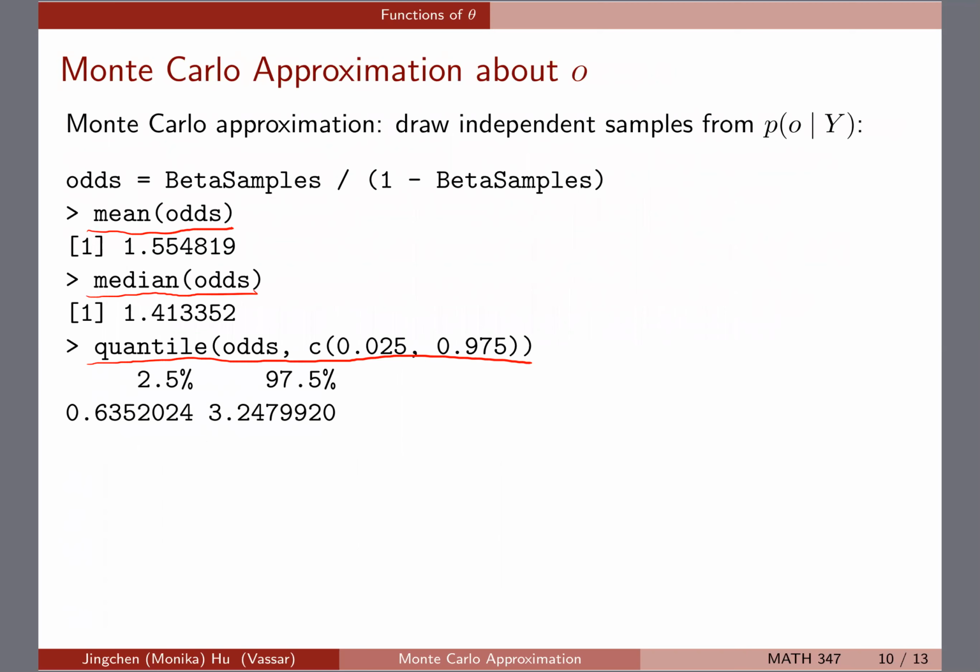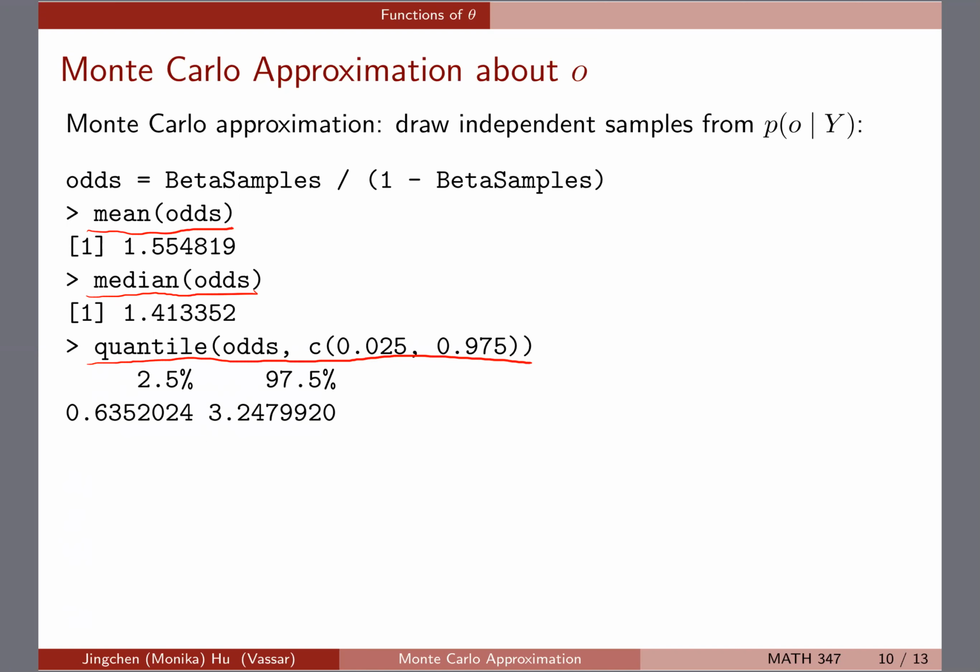I hope this opens up your understanding about Monte Carlo approximation. So far, what we saw before this lecture is that if you have a known distribution for the posterior and you don't want to use the analytic solution, you can use Monte Carlo approximation by doing rgamma, rbeta, rnorm, whatever you can think of.